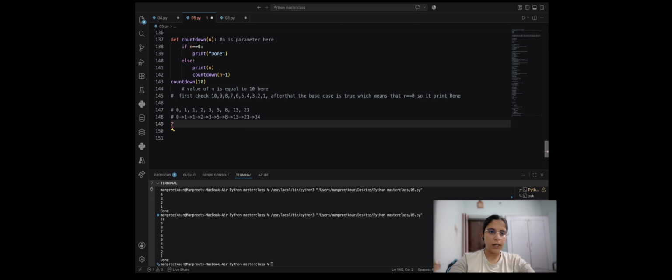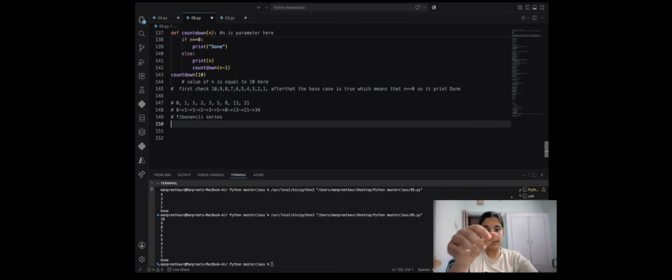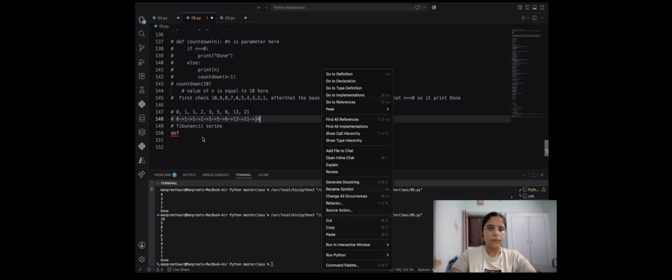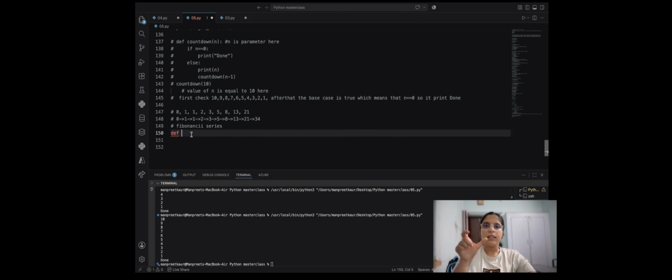Now we are trying to write a code for this series. Def. What is def? First, I will comment out this one. Def is a keyword to show that it is the beginning of a function.